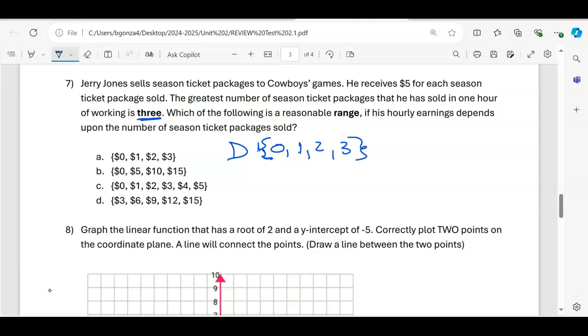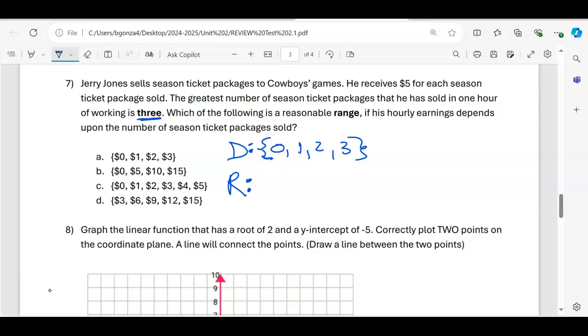Again, this is independent. This is X because we are talking about how many he sold. Money is always typically dependent range.